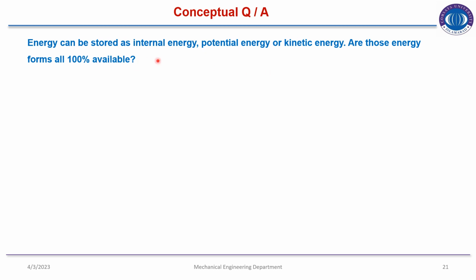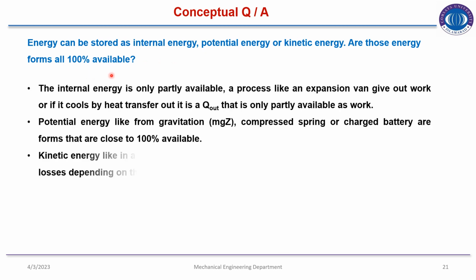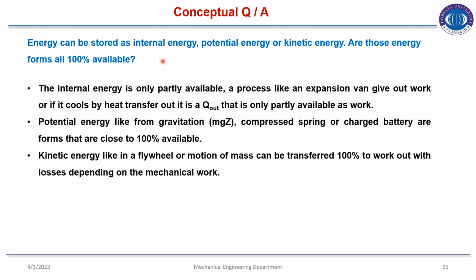Energy can be stored as internal energy, potential energy, kinetic energy. Are those energy forms 100% available? Here we have been asked about internal energy, potential energy, and kinetic energy. The internal energy is only partly available.